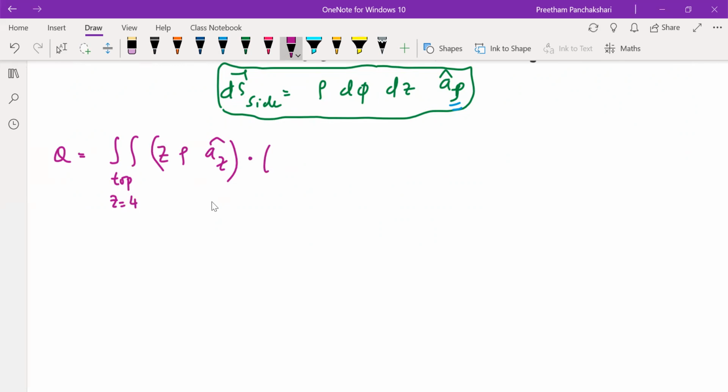So for the top surface, we have rho d rho d phi a cap z. Similarly, for the bottom surface of the cylinder, z equals 0, z rho a cap z.